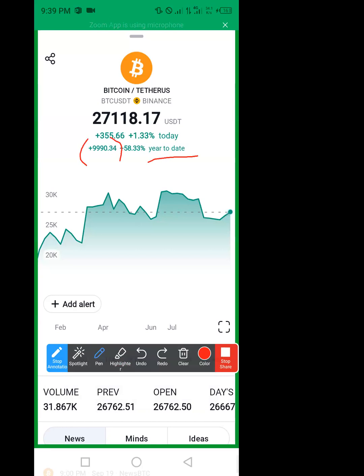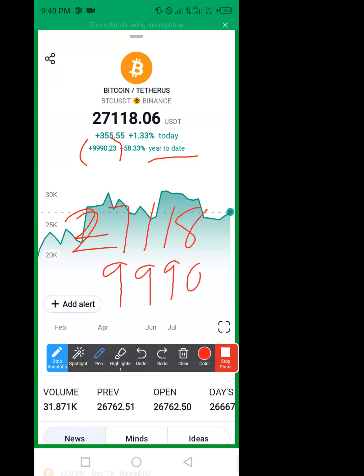So if you want to know where the Bitcoin was while the year was ending, just get 27,118 minus 9,990.